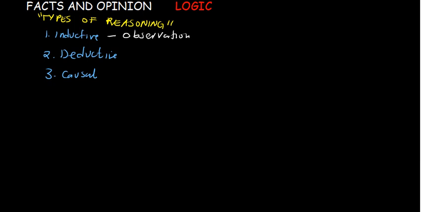Okay. And then there is also deductive reasoning. Deductive reasoning is the formulation of a conclusion based on previously known facts. For example, an incident happened in the near past, this was done, and it was right.